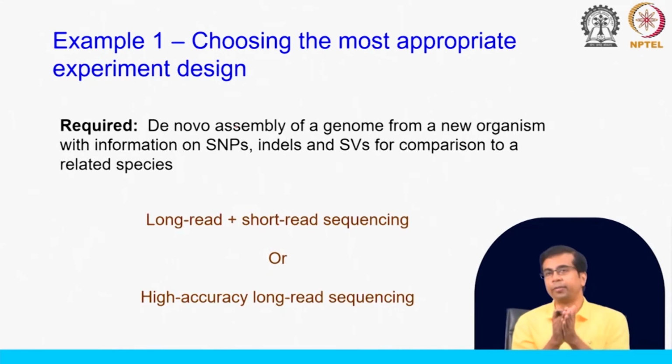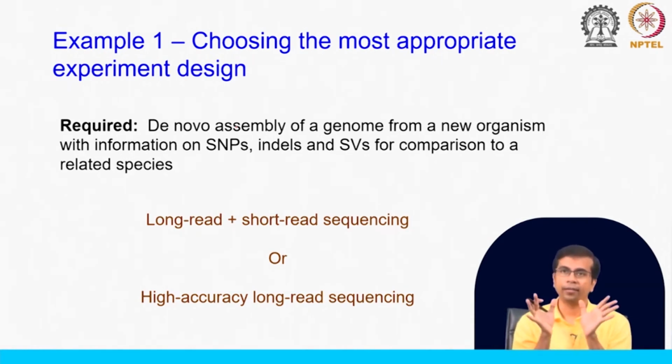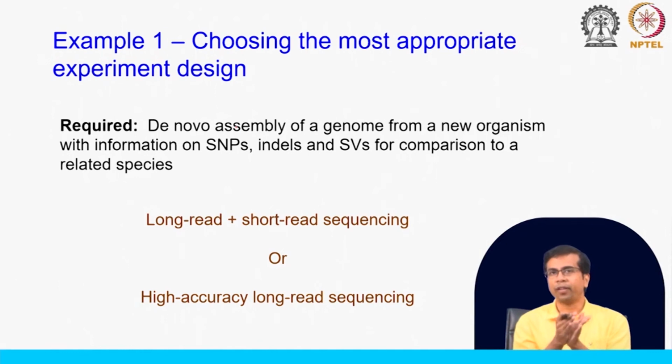So, the solution is you can probably use long read sequencing plus short read sequencing. You can use this combination of both, because long read, which may not be like traditional long read methods, which may not be very accurate, but they can give you the structural variant information, and they can help in genome assembly process. Whereas short reads, they are much more accurate, as we have seen.